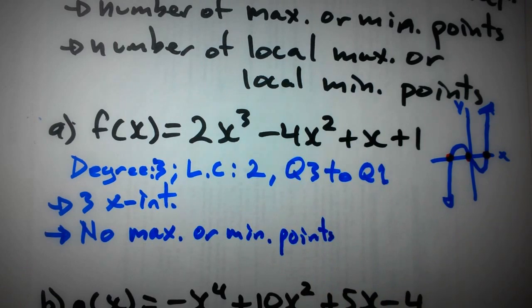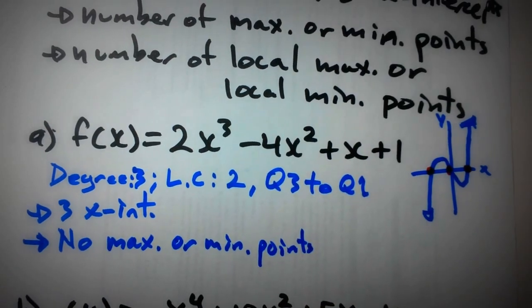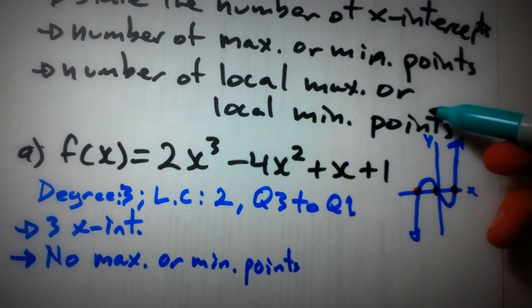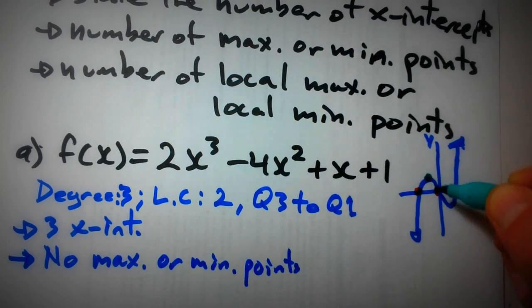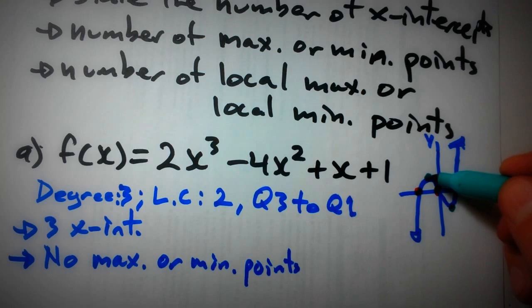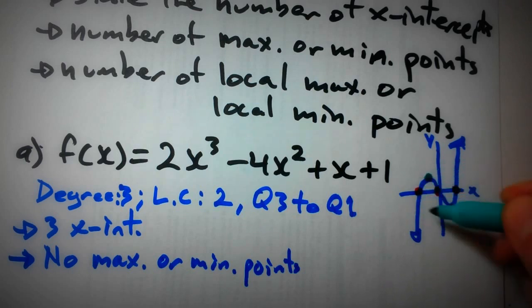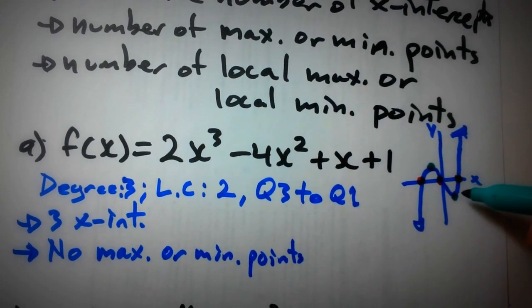However, is there a local maximum point or a local minimum point, and how many? Well, yes, this is a local maximum point and this is a local minimum point. A local maximum point is the greatest y value on some interval close to that point, right? So around this interval range, this happens to be the local maximum and the local minimum.